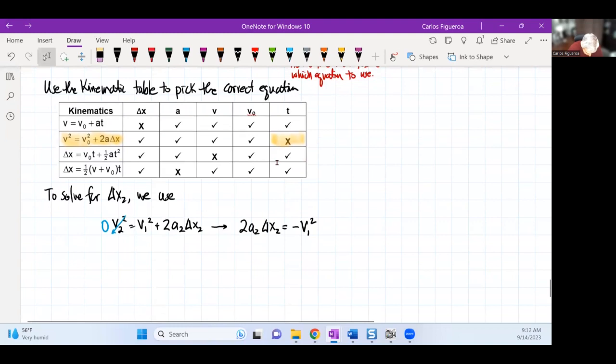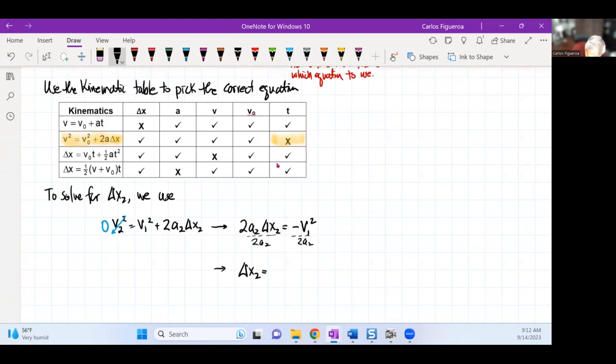Now, what I'm going to do next is divide both sides by 2a2. Then this is going to give me, I'm going to isolate delta x2, and I'm going to get minus v1 squared over 2a2.